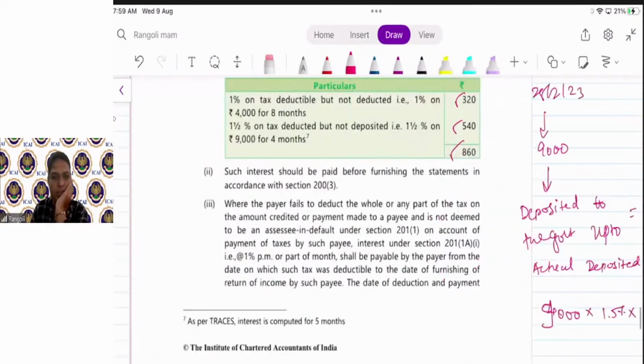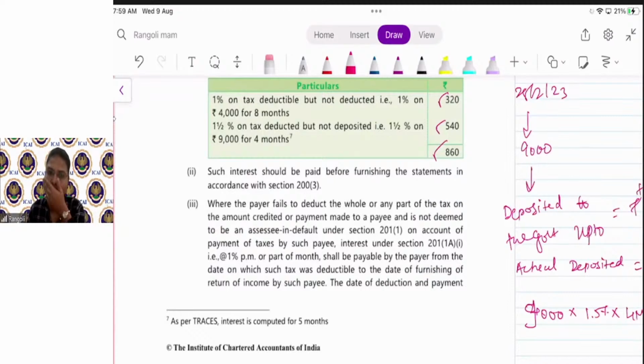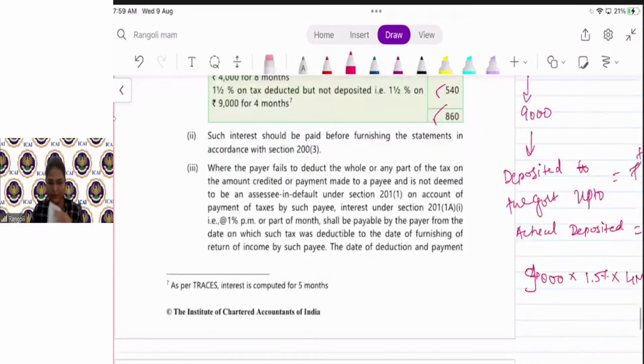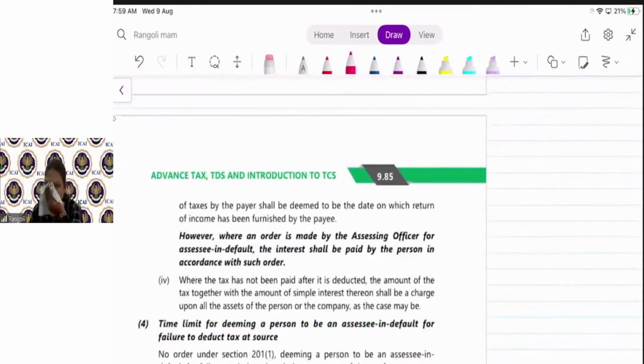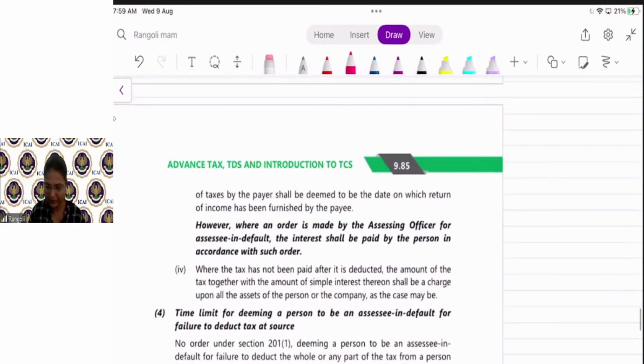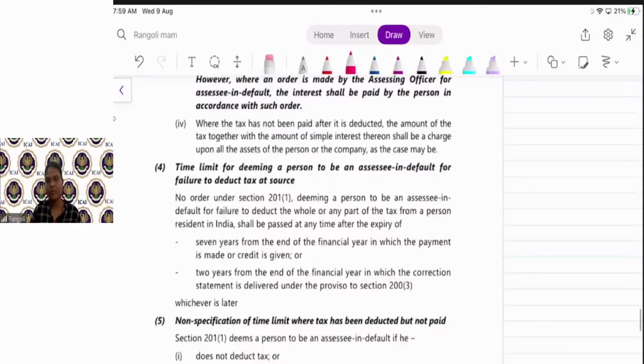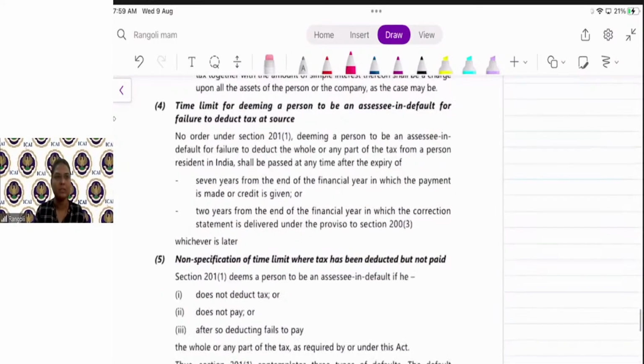Everyone clear with this? Yes or no? Please reply. Chalo, great.